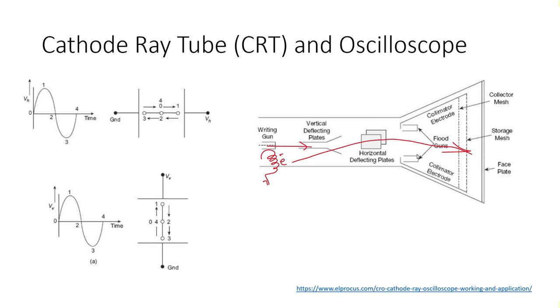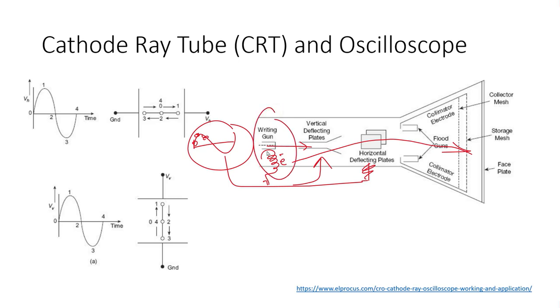So let's say we have an input wave like this on this side. So if this same voltage is given to these horizontal plates, if this voltage is given to this vertical plates, what will happen? With increase in this voltage, the electrons that are going from this point, these electrons are not under the control of this voltage.